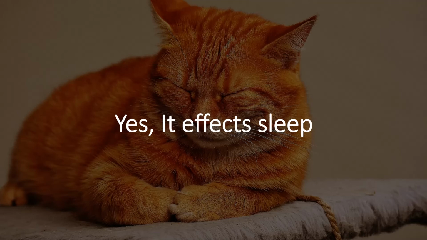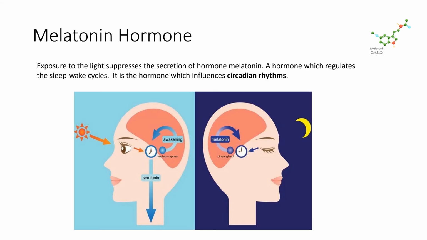Yes, of course it affects your sleep. Like we said, it affects the melatonin hormone, which directly influences circadian rhythm. Basically, circadian rhythm is our internal clock which controls the sleep and wake cycle.